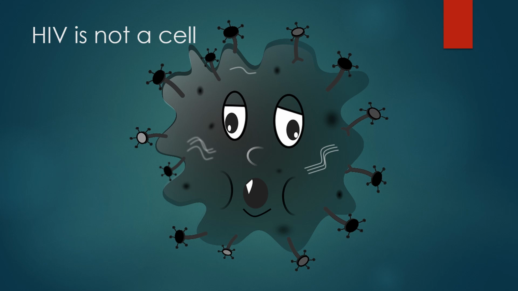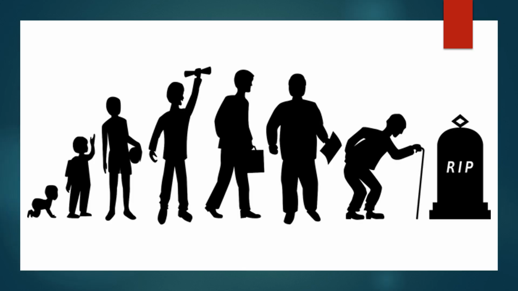Note that viruses like HIV are not cells. In fact, their role is to hijack the machinery of cells and make more of themselves. From the moment we are born to the moment we pass, we have relationships going on in and around us. We have microscopic relationships happening in our cells.